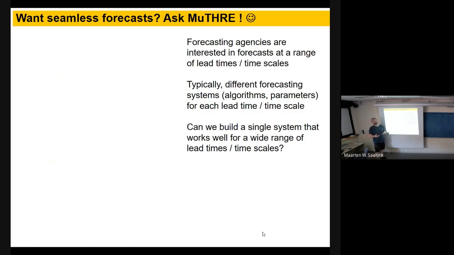So typically, to give you a bit of background, the Bureau were interested in doing prediction at weekly lead times, or monthly lead times, or seasonal lead times. They had a different system for each of those lead times. So different algorithms, potentially different parameter values, everything was different, and so you had 3 different systems for 3 different lead times.